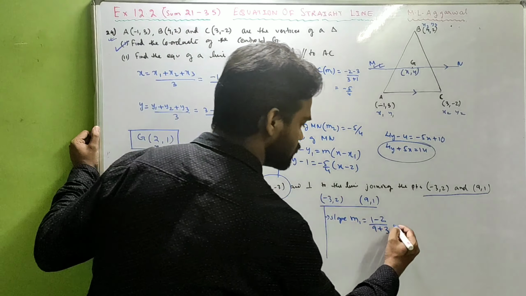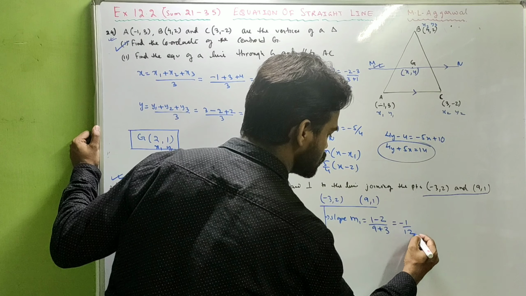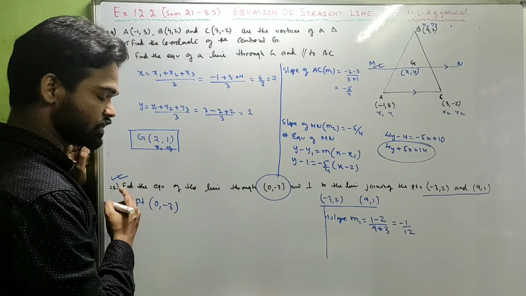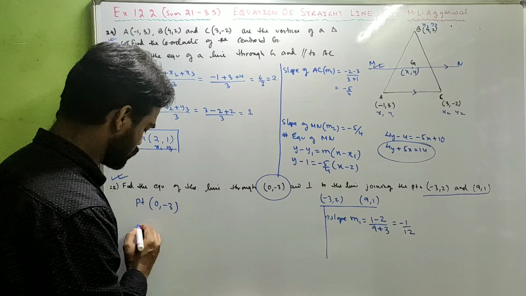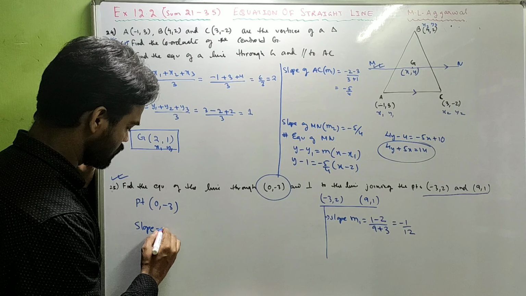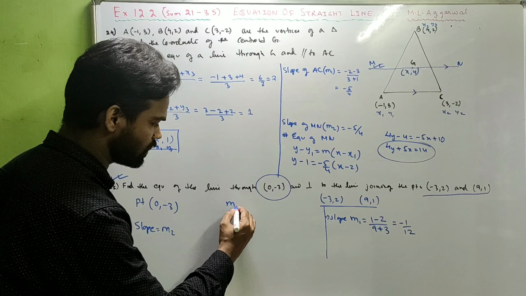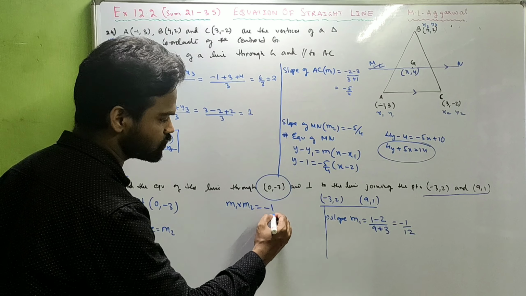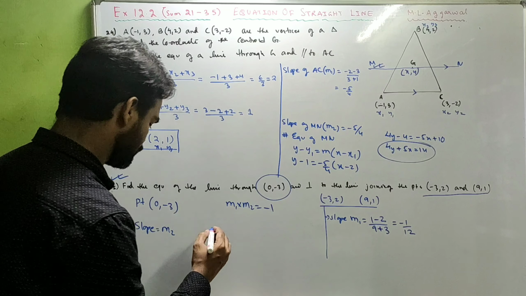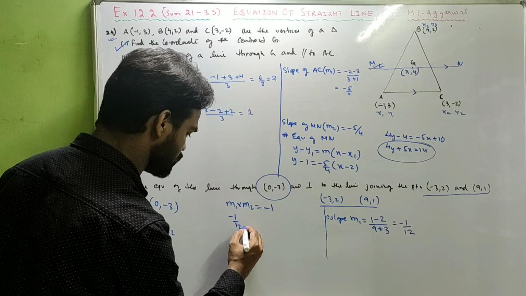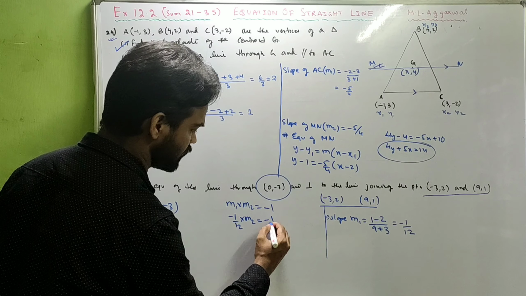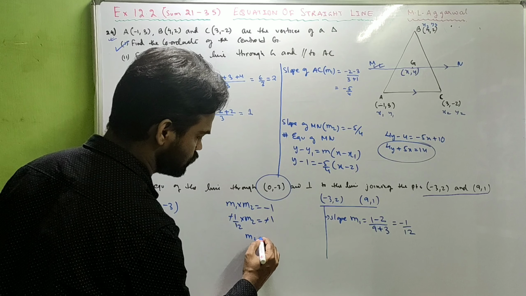Look over here, that's minus 1 by 12, which means for the required line, if the slope is M2, then M1 multiplied by M2 will be minus 1 because they are perpendicular to each other. Which means minus 1 by 12 into M2 is minus 1, which means M2 is 12.